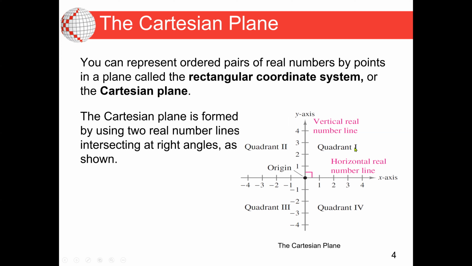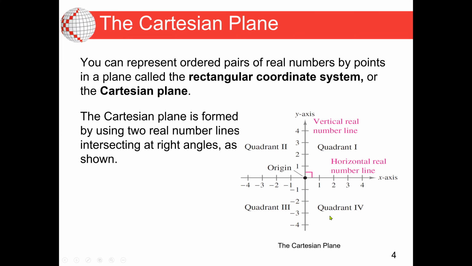In quadrant 1, x values will be positive, y values also will be positive. But in quadrant 2, x values will be negative, y values will be positive. In quadrant 3, x value will be negative, also y value will be negative. Then in quadrant 4, x value will be positive and y value will be negative.